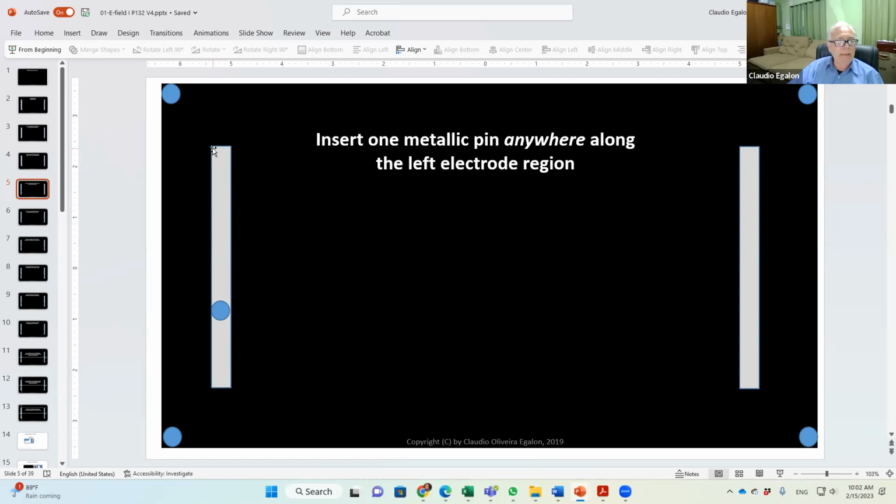It's a metallic paint made of chips of metal, silver and nickel. This electrode is far more conductive than this black piece of paper. And then we insert another metallic pin there. This pin can be anywhere along this electrode.